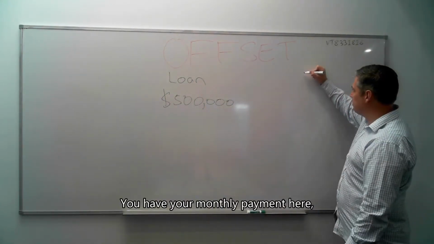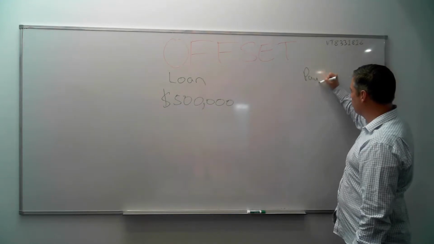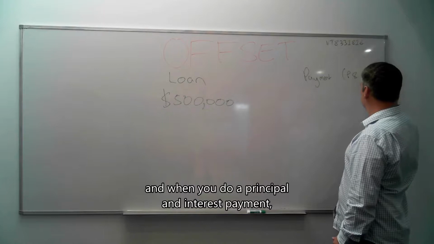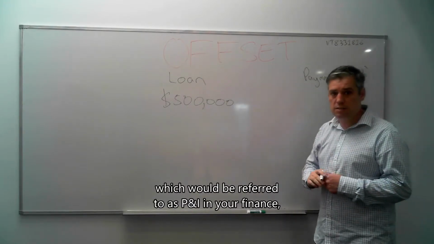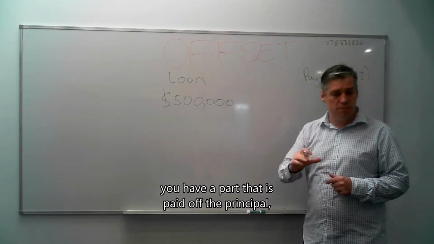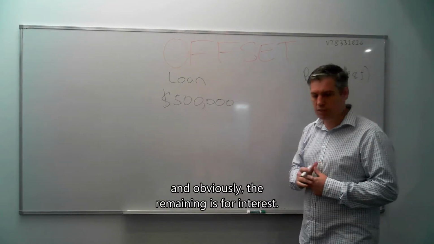You have your monthly payment here, and when you do a principal and interest payment, which will be referred to as P&I in your finance, you have a part that is paid off the principal, and obviously the remaining is for interest.